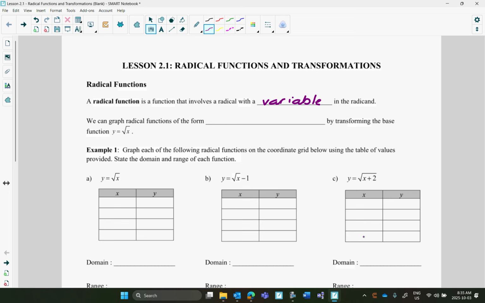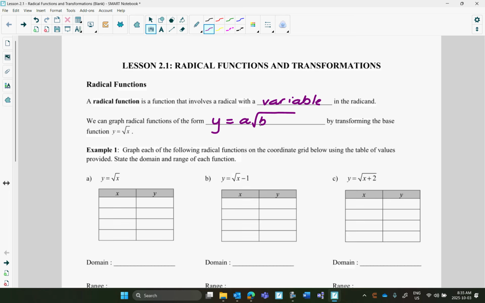And like I just said, we can transform radical functions if we know the basic one using the formula, and it's very similar, except we don't use f for function, because f just sort of refers to any function. Well, we have a, which represents vertical stretch and reflection. Then we have the radical sign instead of f.